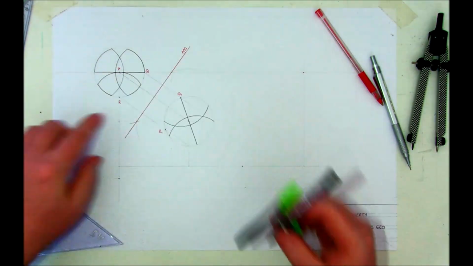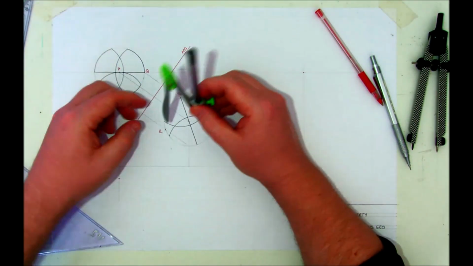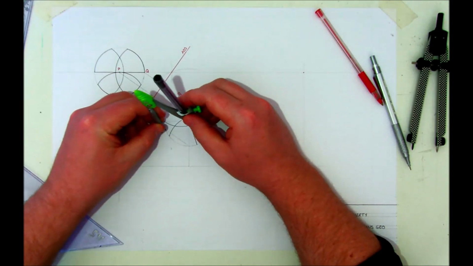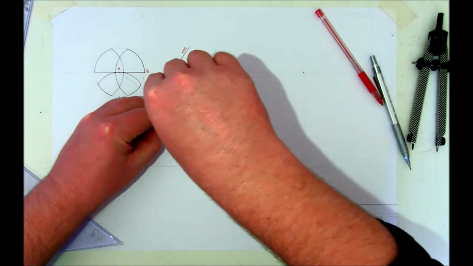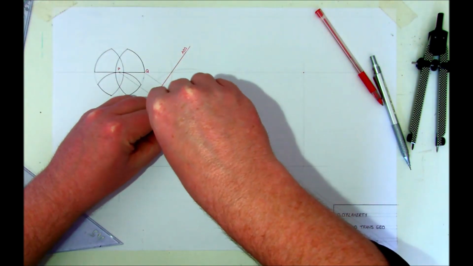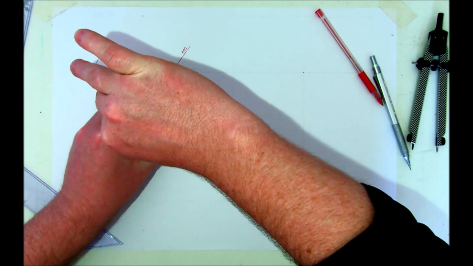Okay, then I've got another radius from R, but the radius is from R to P, or R1 to P1, which is 30. Yeah, just stretch it out to P. There we go.